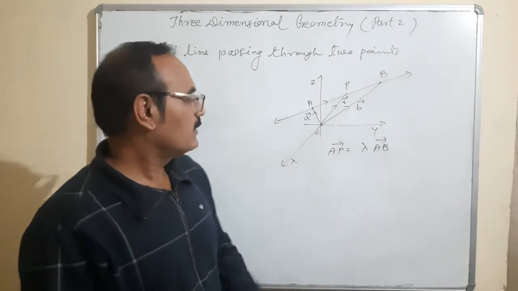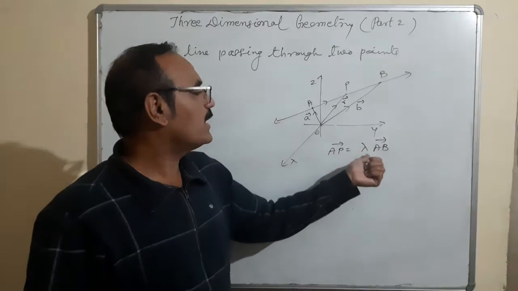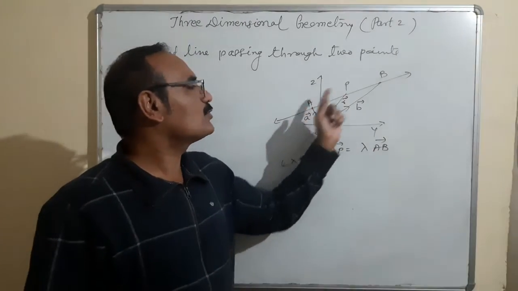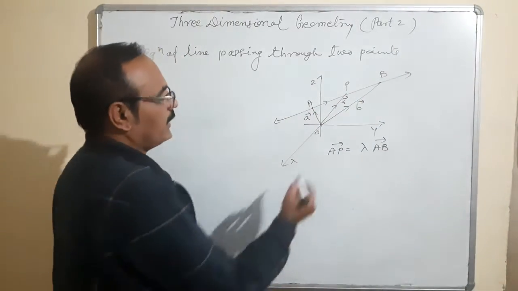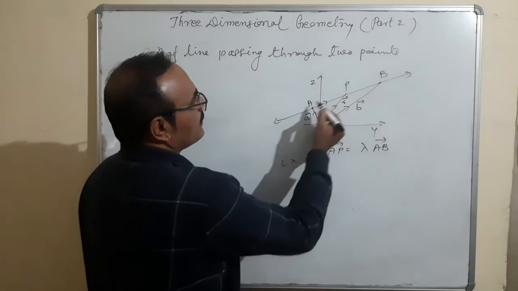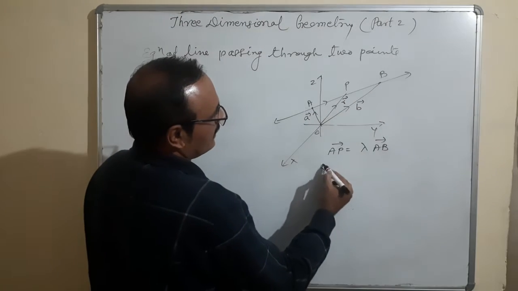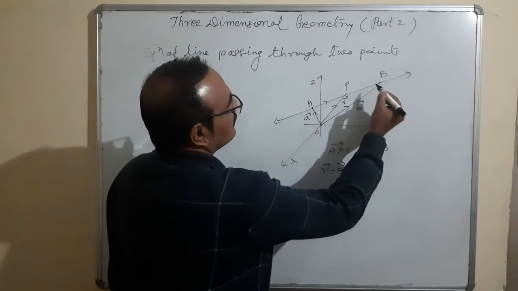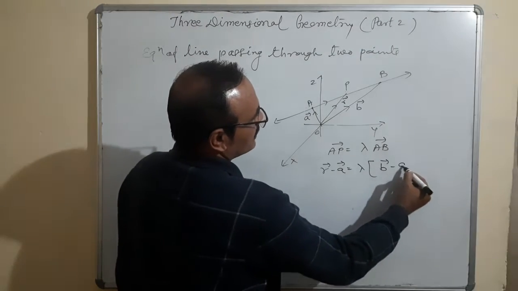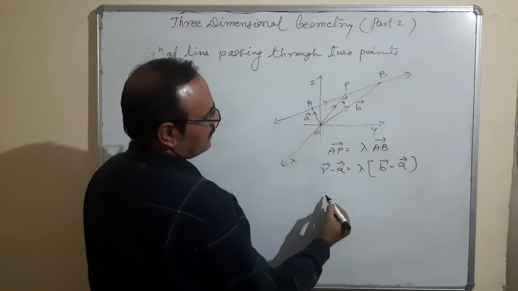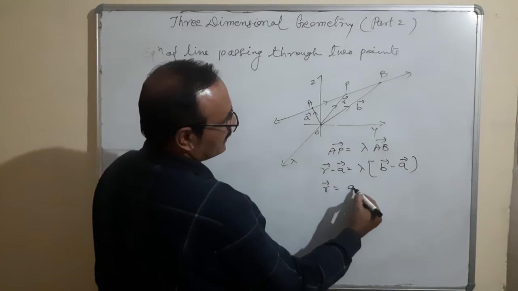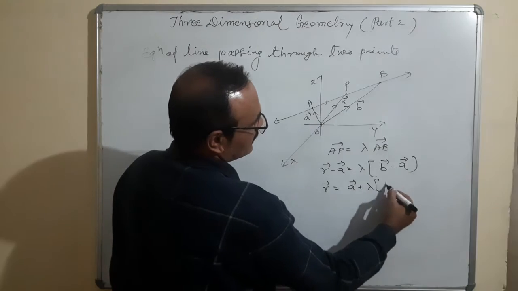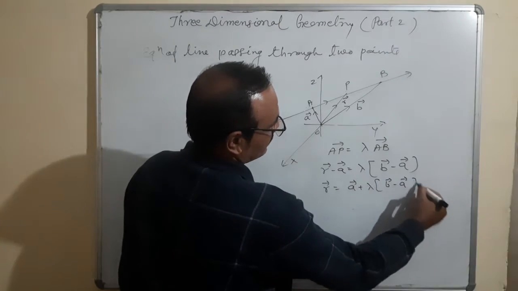AP is the position vector of P minus the position vector of A, so that is vector R minus vector A is equal to lambda times AB, the position vector of B minus the position vector of A. So vector R is equal to vector A plus lambda times (vector B minus vector A).